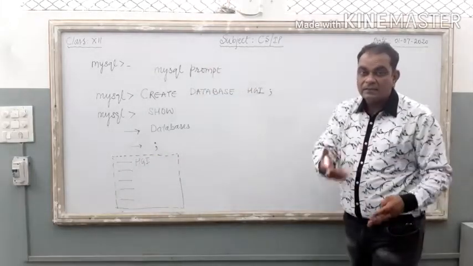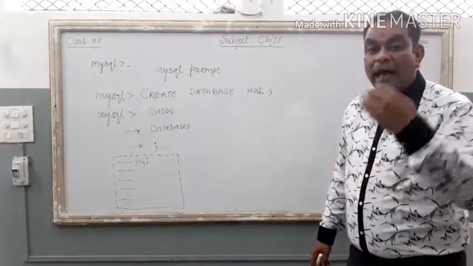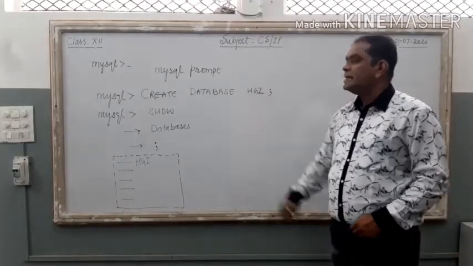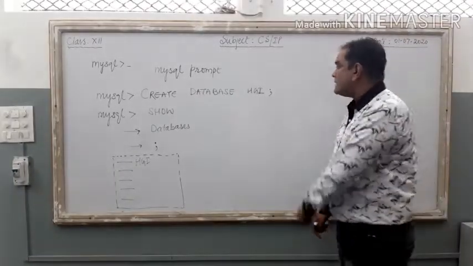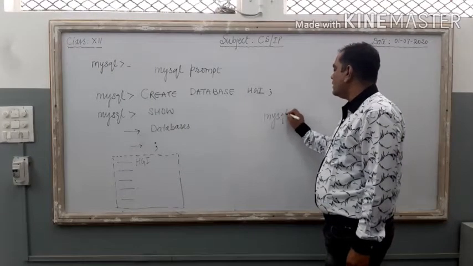Now our next task is, we want to enter inside the database, we want to shift inside the HGI database. Now the third command to go inside the database. The MySQL prompt is there on the monitor.